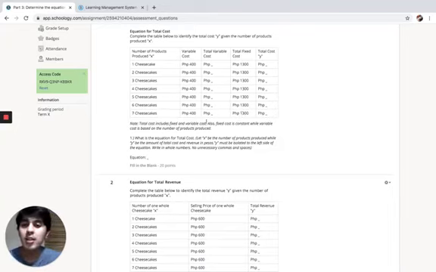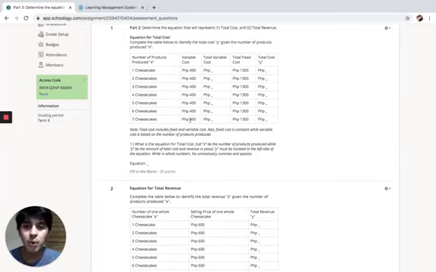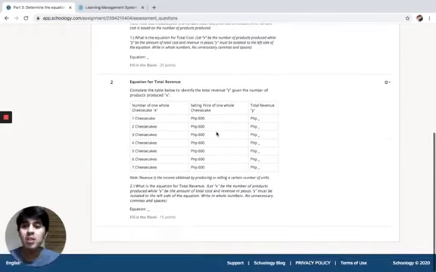So the formula is 400x plus 1,300, which will be equal to the total cost. That will be the equation used for the next part of this lesson playlist.